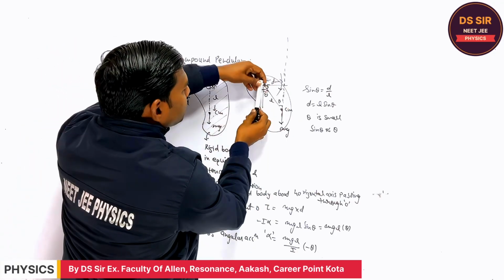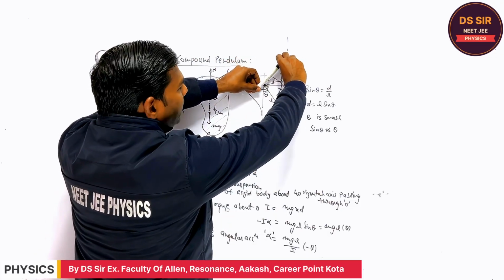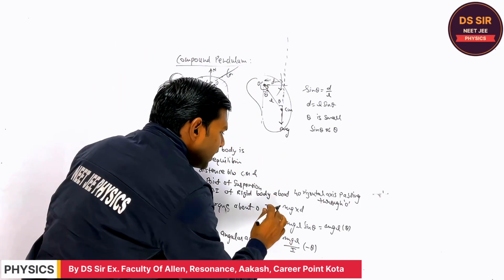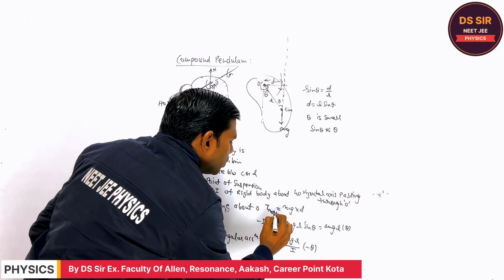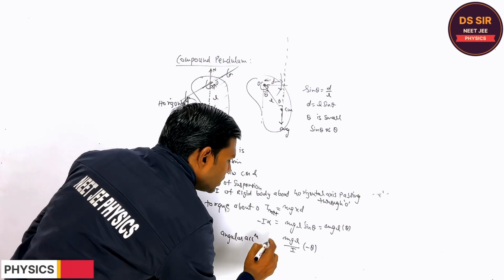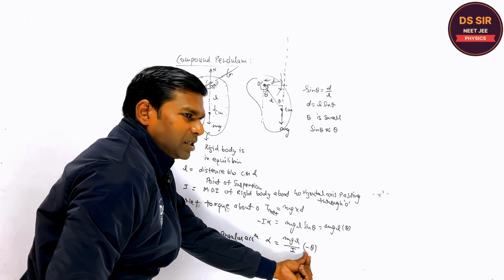The angular displacement is in the anti-clockwise sense and the torque is in the clockwise sense. Therefore the net torque is equal to minus I alpha, and alpha is equal to mgL upon I times minus theta.